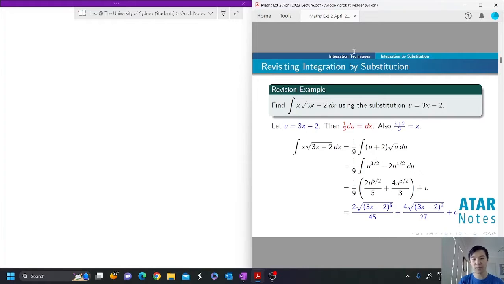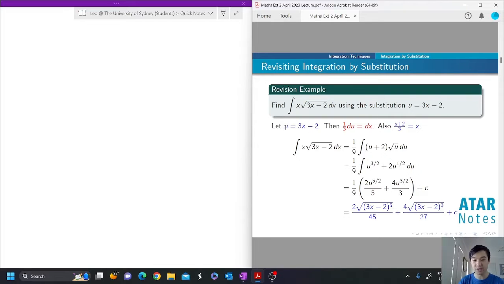So just a quick revision of integration by substitution, which you learned in Extension 1. Say we've got an integral of x root 3x minus 2, like that, and you were told to find this integral using the substitution u equals 3x minus 2.